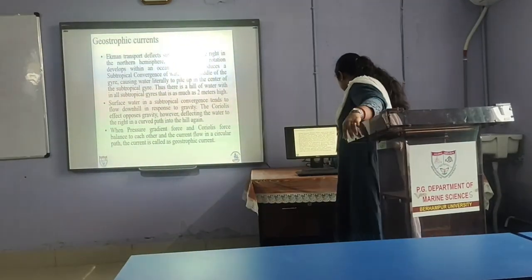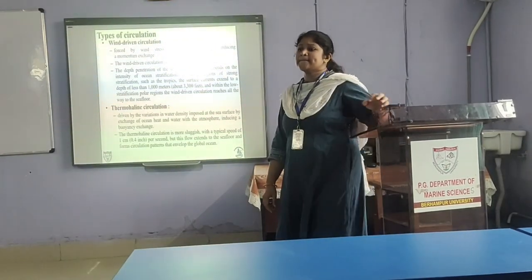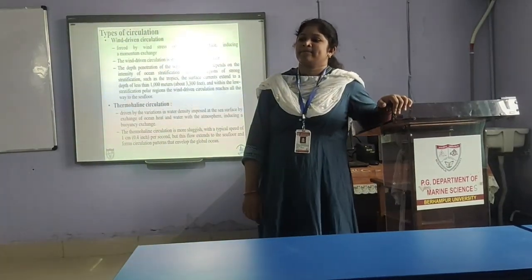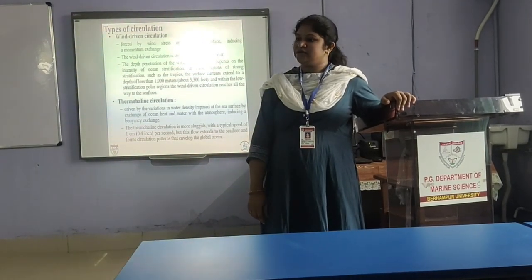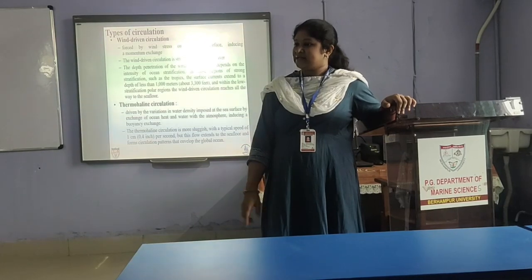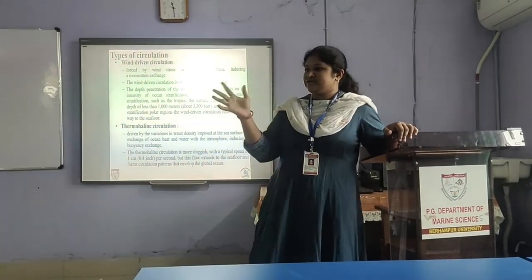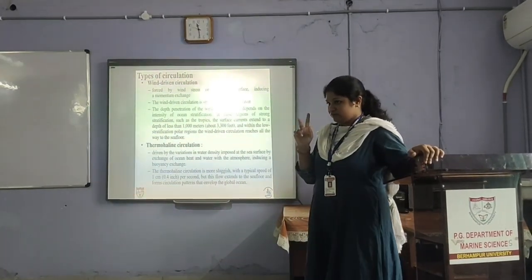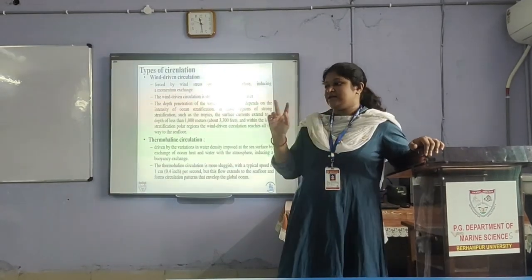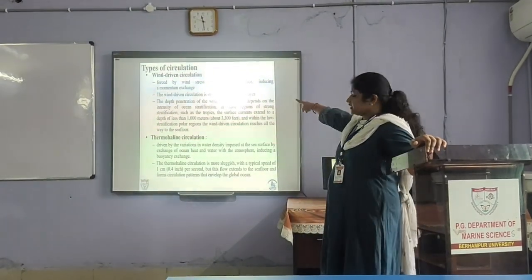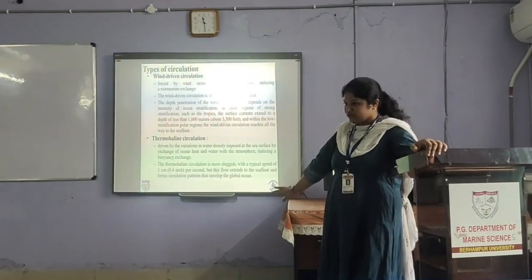Ocean circulation and surface circulation are the same, but ocean circulation can be of two types: one is surface circulation because of wind, and another is thermohaline circulation. Types of circulation: wind-driven circulation and thermohaline circulation.